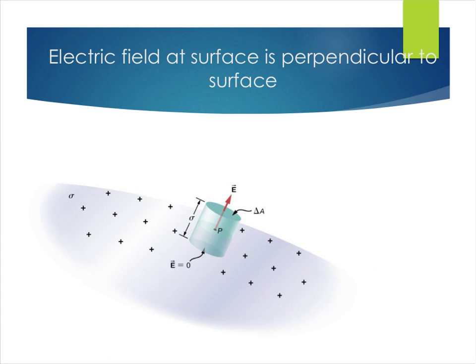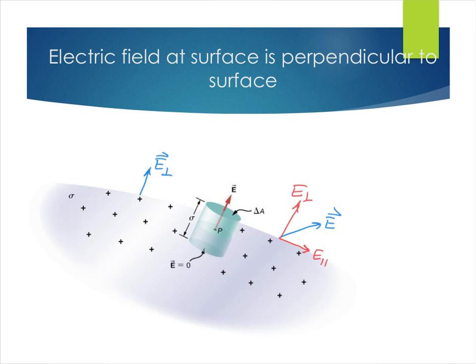Now, why does the electric field have to be perpendicular to the surface? We imagine here's the electric field, perpendicular to the surface. Let's ask ourselves, what would happen if it wasn't? In this case, this electric field has a component parallel to the surface and a component perpendicular to the surface.